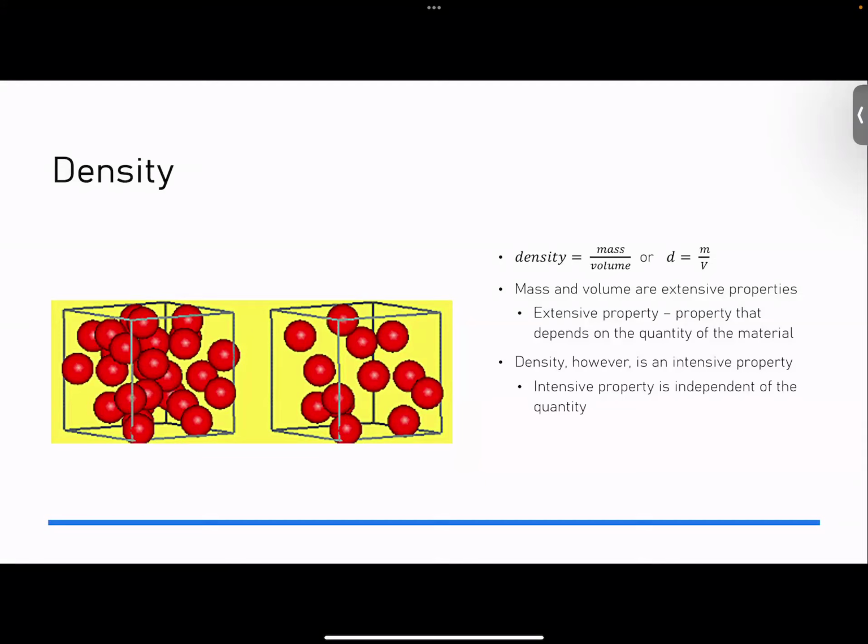Over here, I have many more in that same volume. This one has a lower density because it has less molecules per space than this example. Again, it's mass divided by the volume.